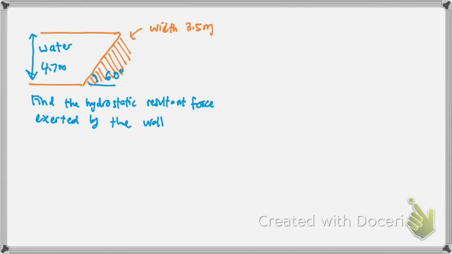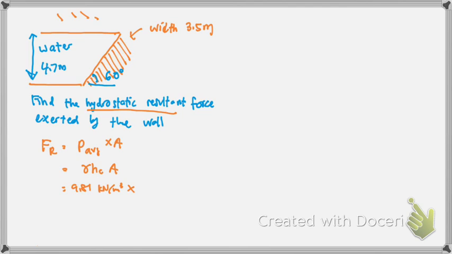So we go with F resultant equal to P average times A. And here it says the hydrostatic resultant force, so you can ignore the P above here. We are looking only for the force due to the hydrostatic. So it equals gamma hc A, 9.81 kilonewton per meter cube times hc.